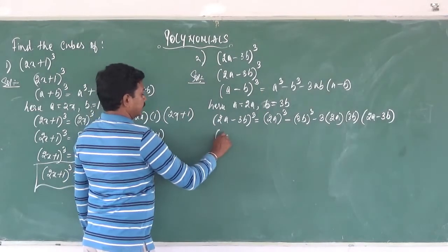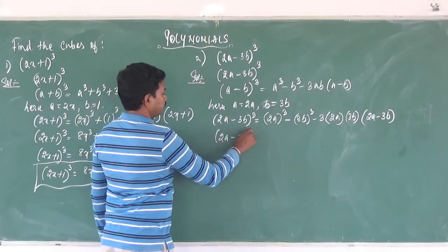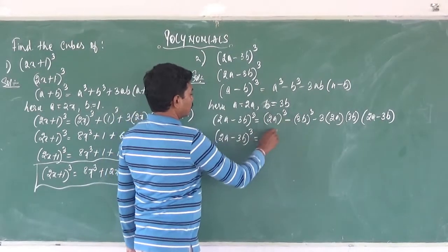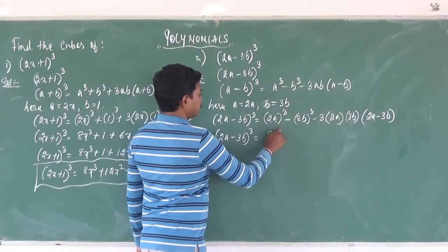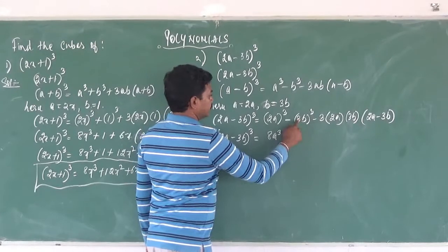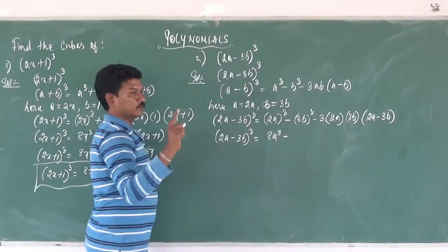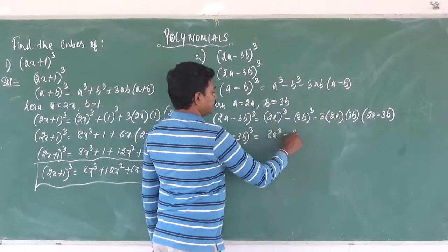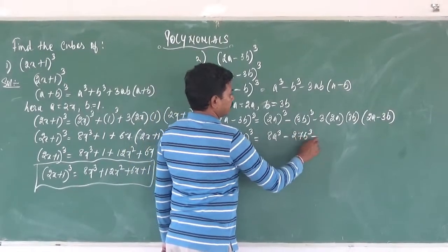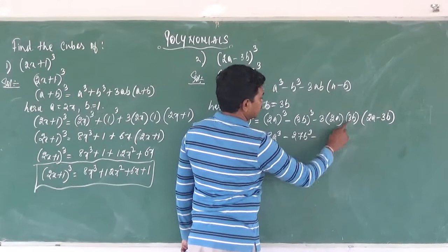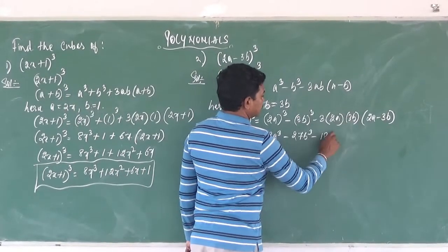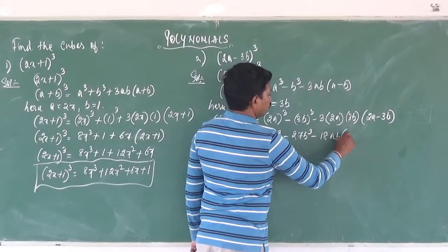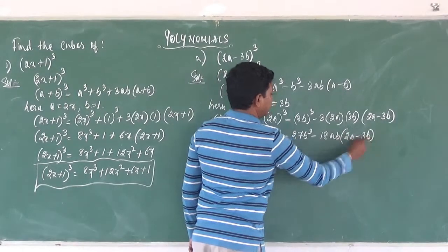So 2a minus 3b whole cube can be written as 2a whole cube is 8a cube minus 3b whole cube is 3 cube is 3 into 3 into 3, that is 27b cube. So it is 27b cube minus 3 2s are 6, 6 3s are 18, a into b is ab into 2a minus 3b.